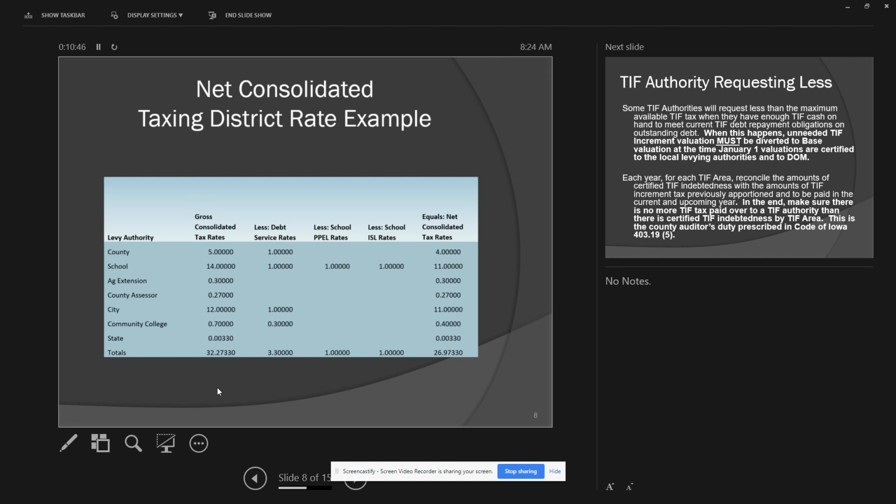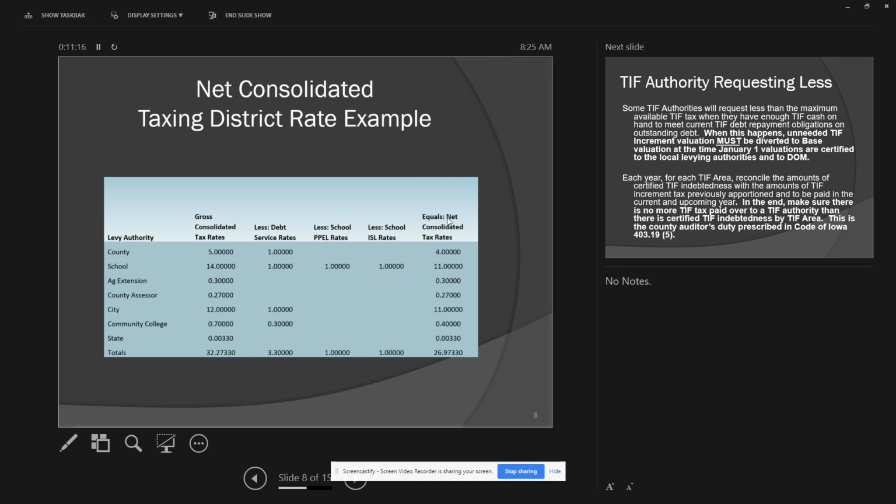This is all their regular rate that arrives at this total consolidated rate that's applied generally. But for the TIF rate, we're going to subtract out some of those protected by statute rates. So the TIF does not get debt service. These folks still retain debt service as it applies to the incremental value. And also the school retains its PEPL and its ISL.